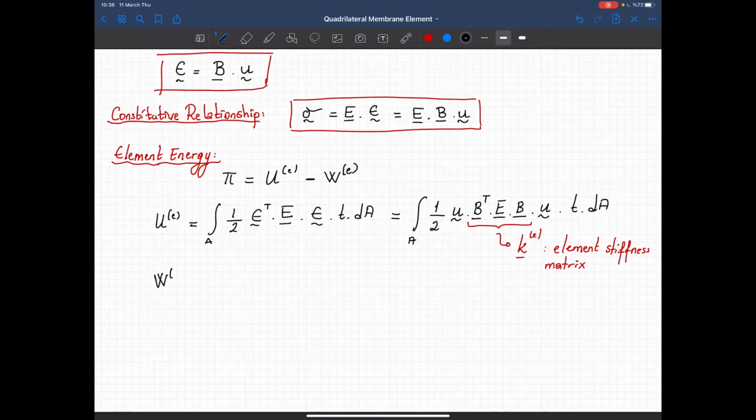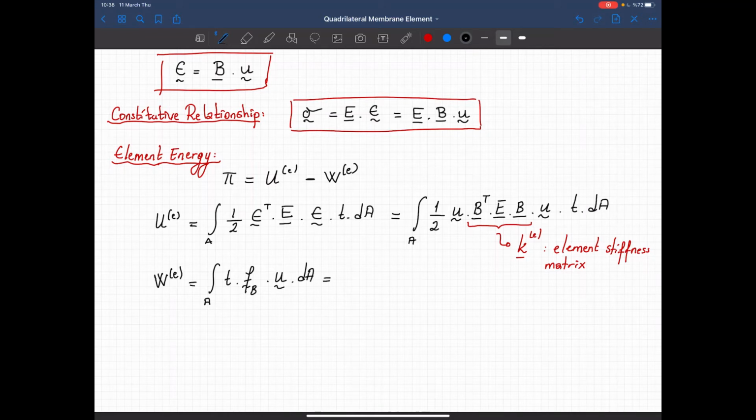And the external work, I will just write it for the surface load case. So integrated over the area, I have thickness, the body force or the surface force multiplied by the displacement and integrated over the area.